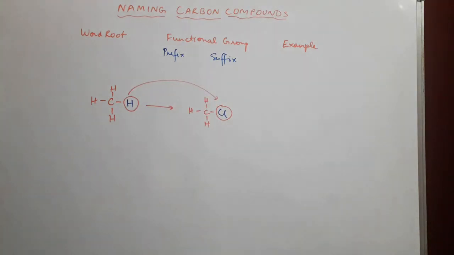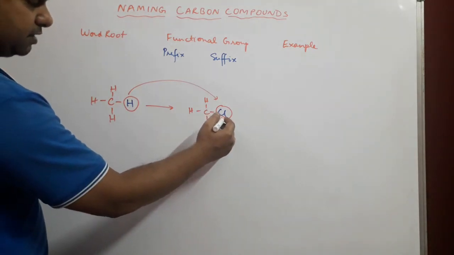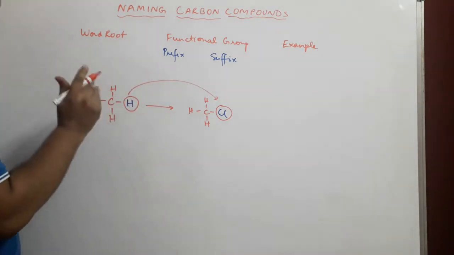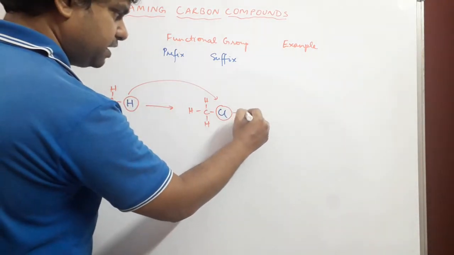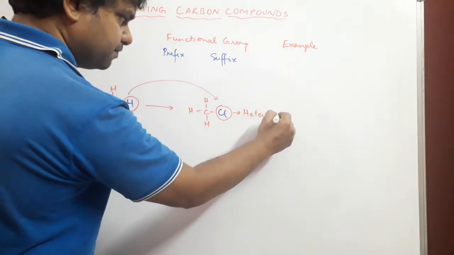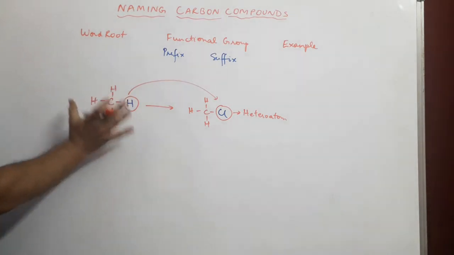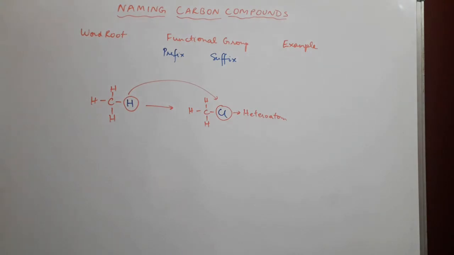When a hydrogen atom is replaced by an atom of another element in such a way that the valency criteria is satisfied, that atom becomes known as a hetero atom, and this hetero atom gives the methane molecule a specific set of properties. It could be a variation in boiling point, melting point, or some more chemical properties.